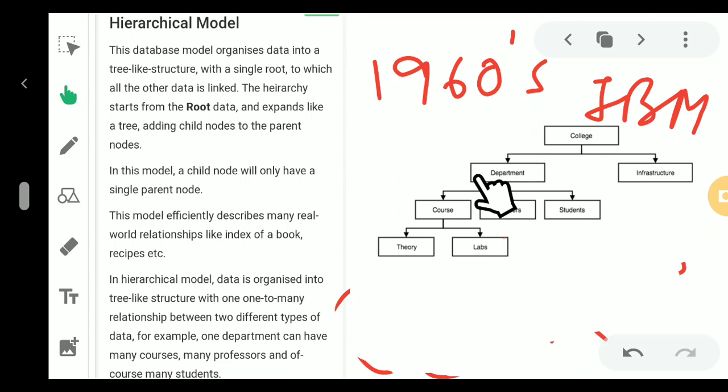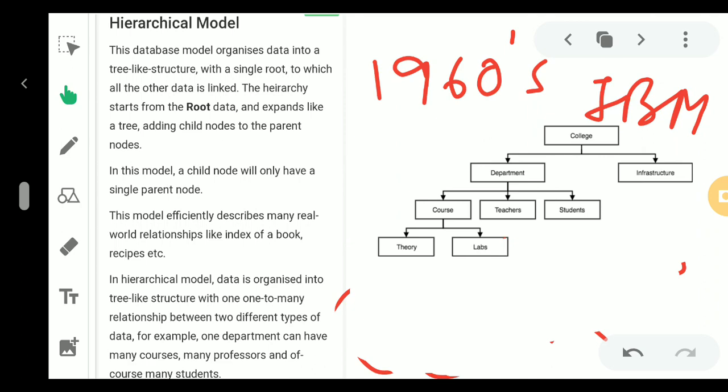Each parent node has one or more child nodes, like the department having course, teacher, and student. The top node, the college, is known as the root node. This is the basic structure of the hierarchical model.